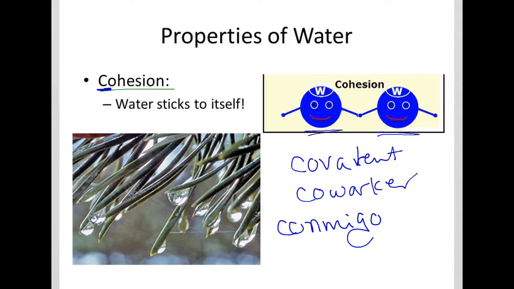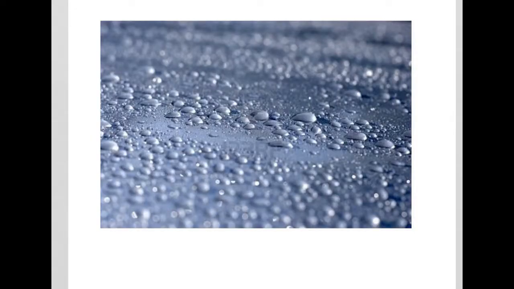That's like cohesion. The reason that these water droplets don't just come off one molecule at a time, but wait until they have a large enough droplet before falling, is because the water is trying to stick to itself. It's another reason why you get water droplets on the hoods of cars, right?